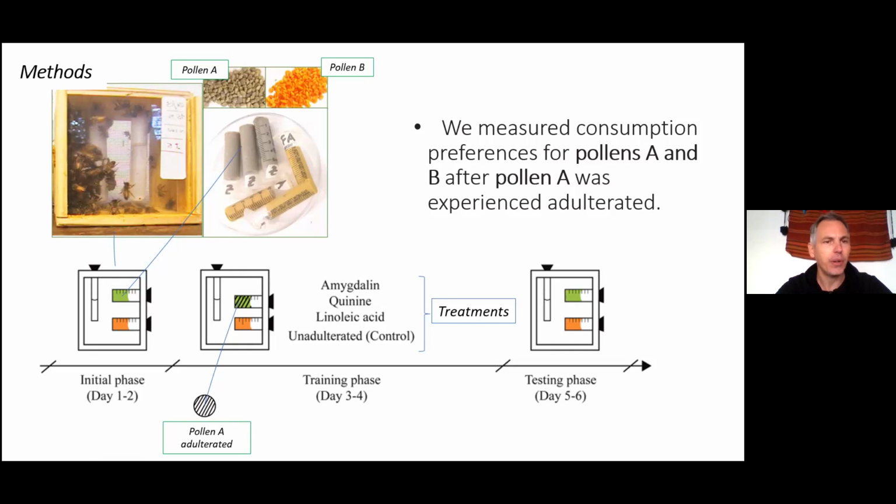These cages were fed with sugar solution, and also received 2 monofloral pollens, offered in these graduated tubes, meaning that we could measure how much pollen the bees consume.